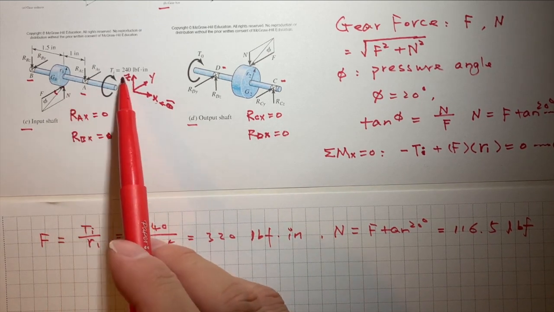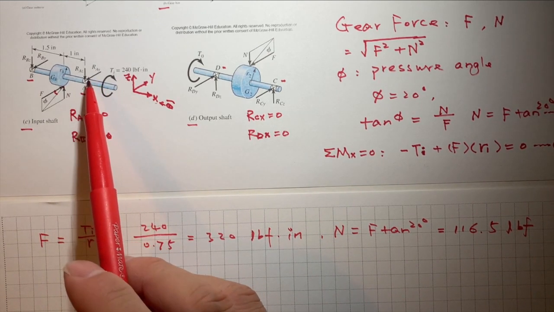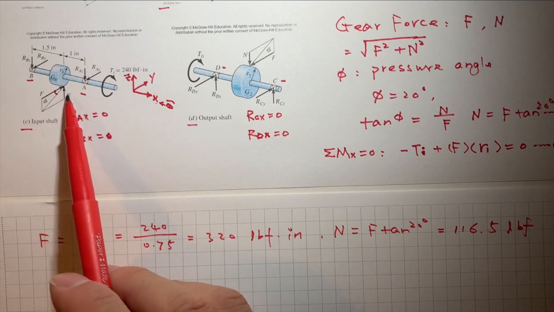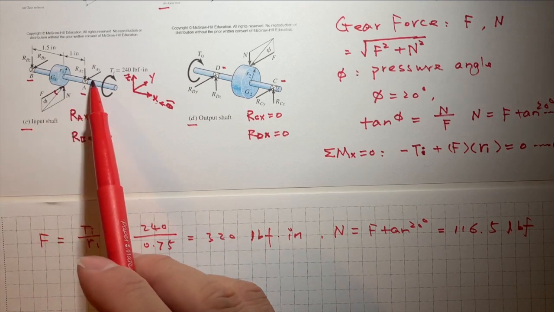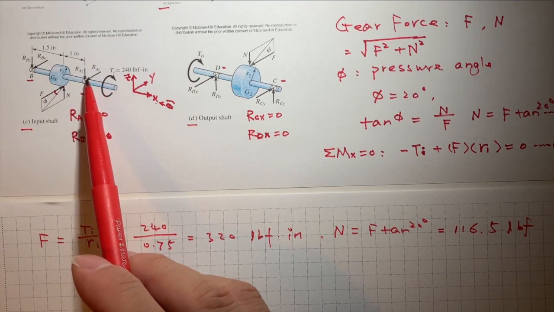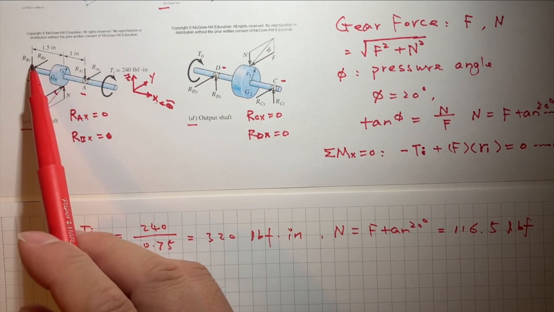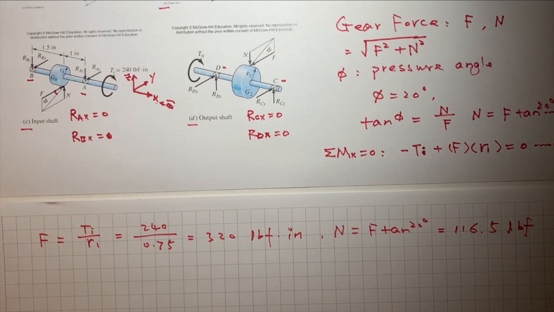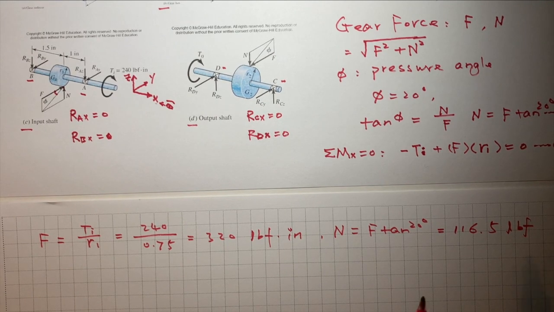So for the input shaft, we can find F and N. But we need to find RAY, RAZ, RBY, RBZ. We have four unknowns. So how do we find four equations based on the input shaft?